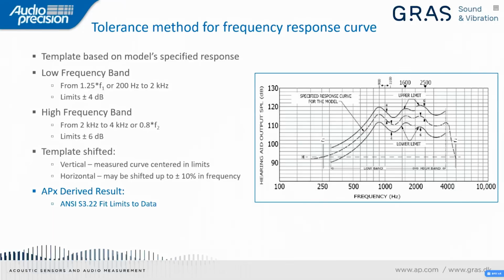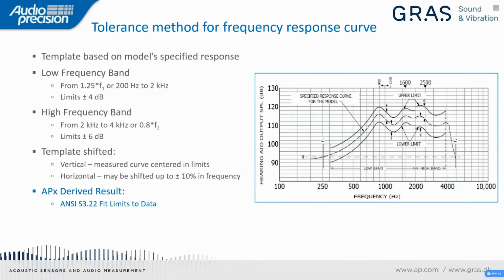And I believe the reason for that is with behind the ear hearing aids, as we'll see, there's a plastic tube used to convey the sound from the hearing aid to the coupler. And the length of that tube can vary, which can cause these resonances to shift slightly up or down in frequency. So I think the standards are allowing you to adjust for that frequency shift caused by the length of the tubing.